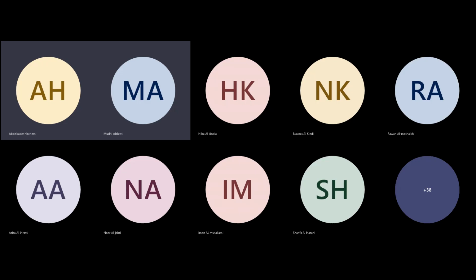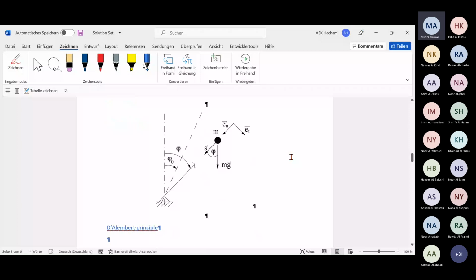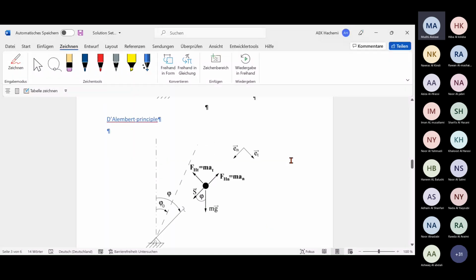Means, if I return back now to the representation of the forces, we use the same principle as before for D'Alembert. We have the initial state at phi 0, an arbitrary position phi, and the external force.